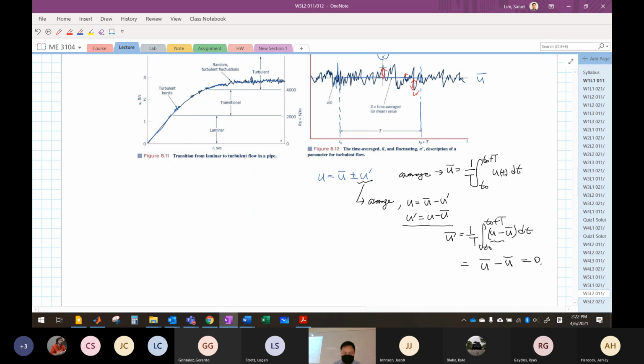So that's why we use a different approach for the turbulent fluctuation, using the square of the velocity fluctuation.